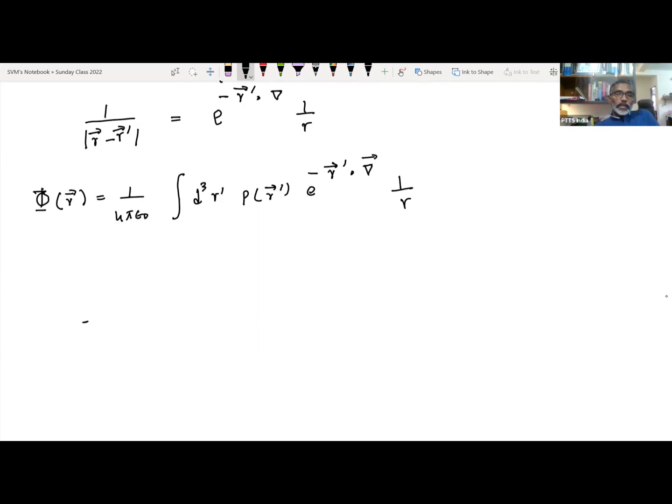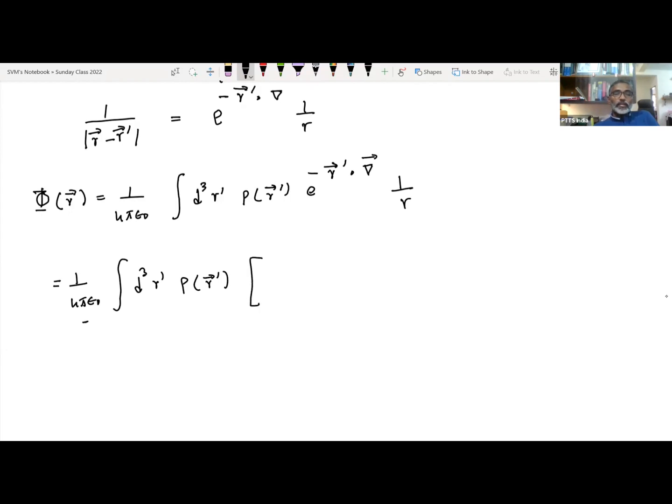Okay, so this I can do in the following way. This is 1 by 4 pi epsilon naught integral d3 r prime rho of r prime.